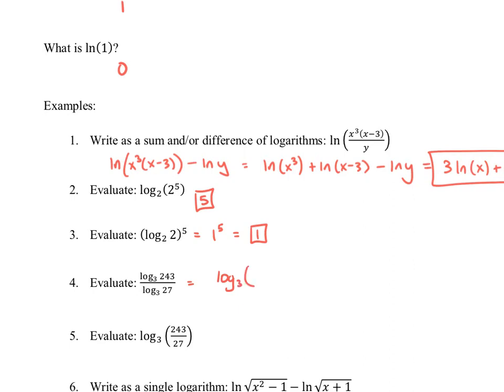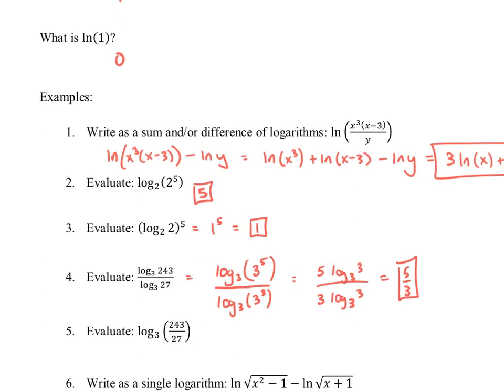Let's write 243 as 3 to the 5th power. I think this will go better. And then we have log base 3 of 3 to the 3rd. Now remember, we can pull the 5 down in this case, and we can pull the 3 down in that case. And so log base 3 of 3 is just 1, so what we get here is just 5/3.